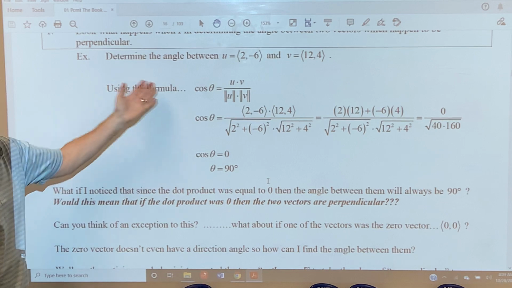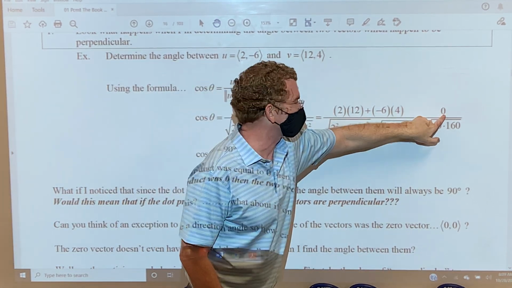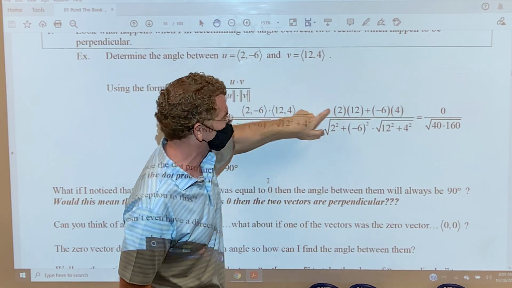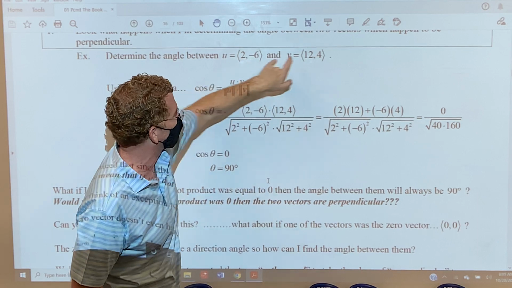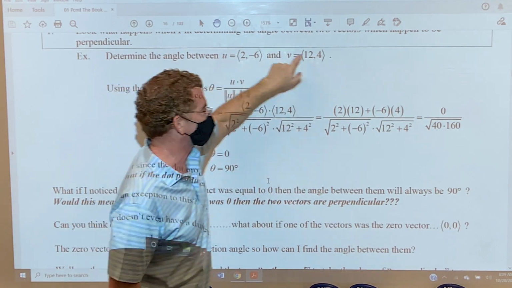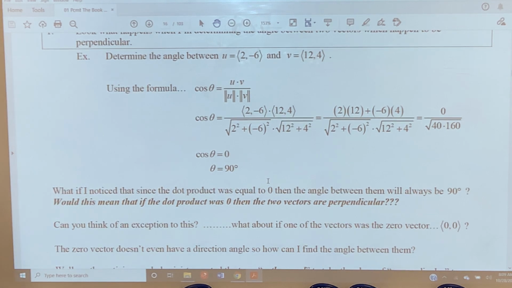Well, if you're checking for perpendicularity, all you really have to do is check the dot product. If the dot product of two non-zero vectors is 0, right? Remember, zero vectors have zeros there, but if they're not zero vectors and you take the dot product and get 0, you could skip all of that and say, oh, well, they must be perpendicular. I don't have to go through that entire process.